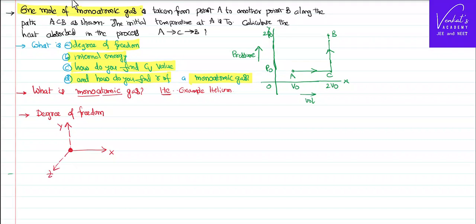So the degree of freedom for a monoatomic gas molecule is 3. It is not going to vibrate because it doesn't have vibrational energy. It's not going to rotate because there is no other atom around which it can rotate. So it has a degree of freedom of only 3.